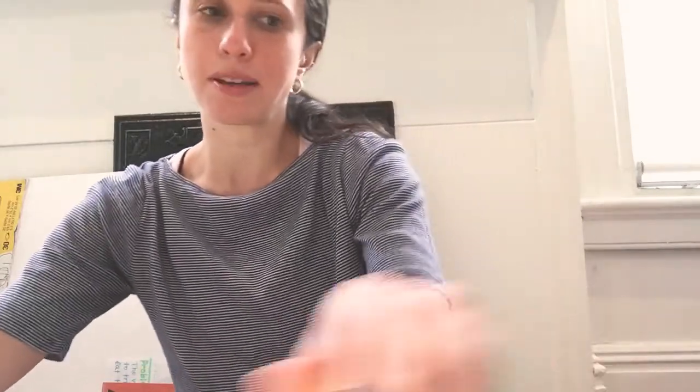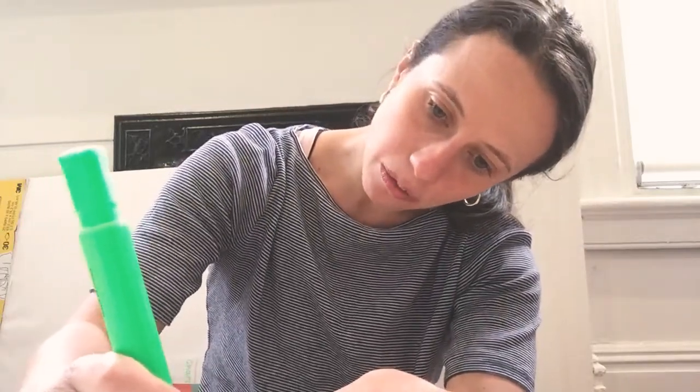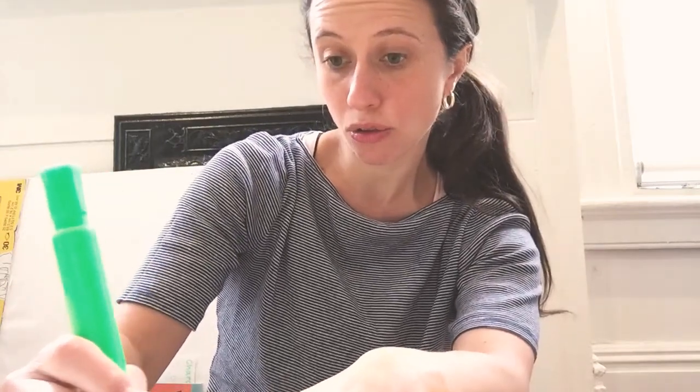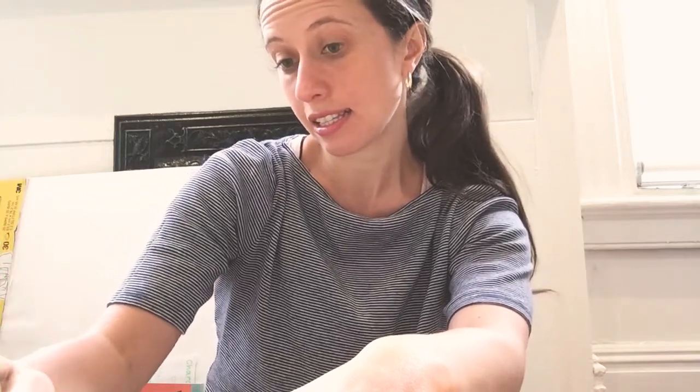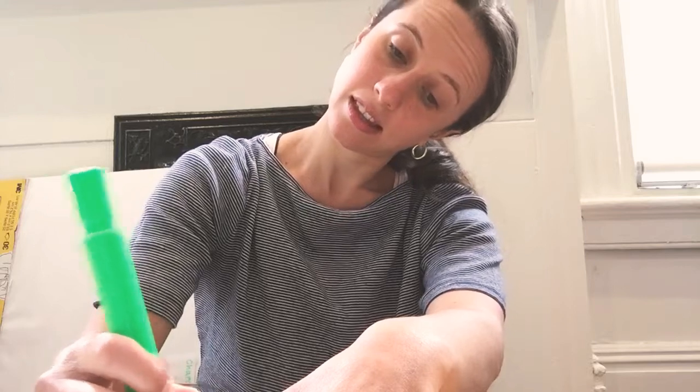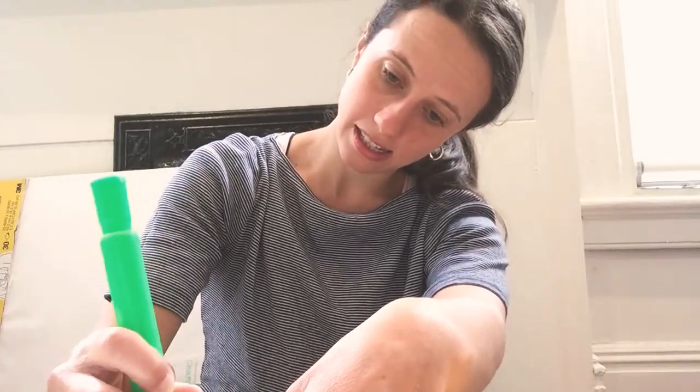So let's see. The problem, this one is kind of like a big problem. A lot goes wrong for the wolf, right? So I'm gonna write the wolf needs sugar and has a cold. Then I'm gonna write he sneezes and blows down the houses.